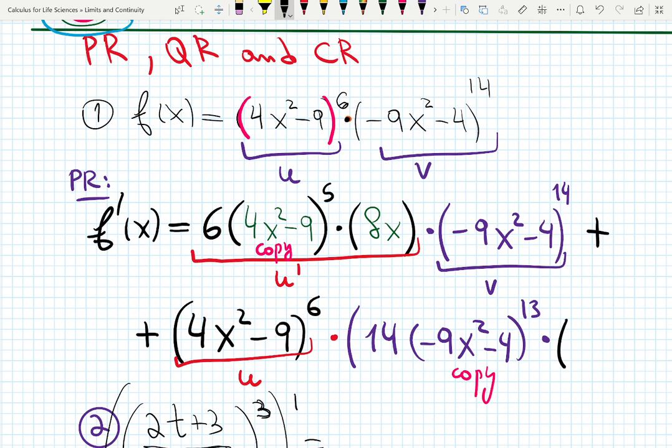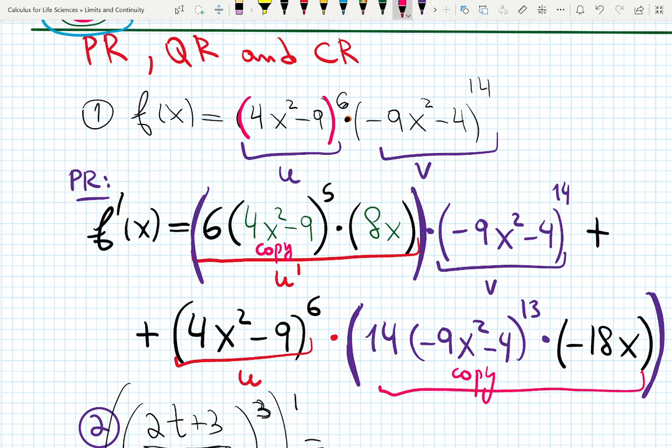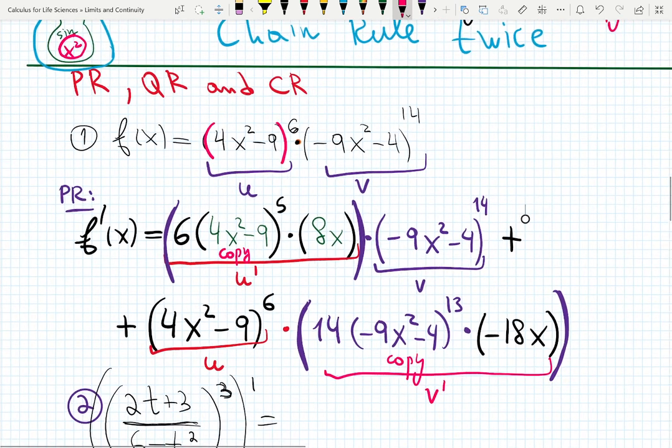Derivative of that is minus 18x minus 0. Make sure you have enough parentheses because this huge piece is v prime and this huge piece was u prime. So all this is v prime and you are done. No need to simplify.